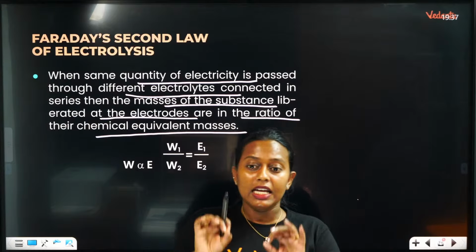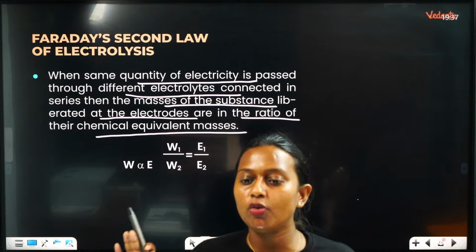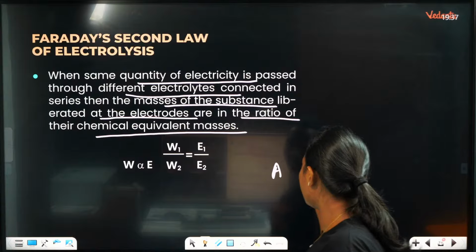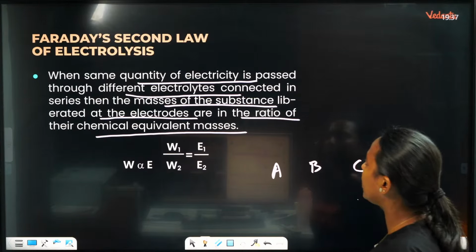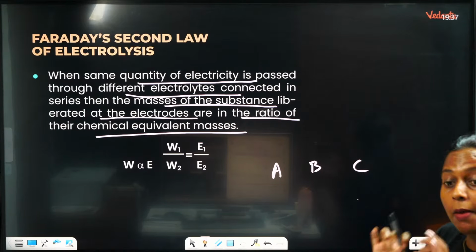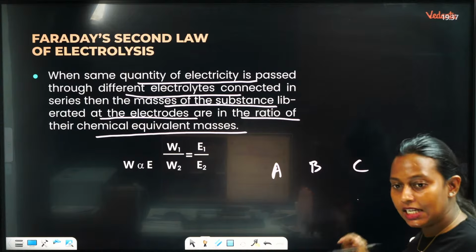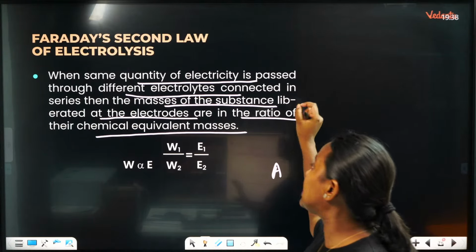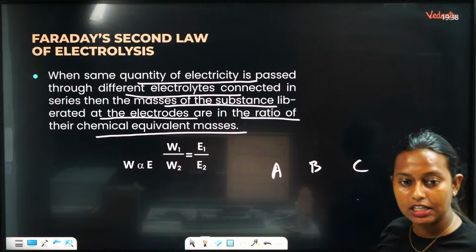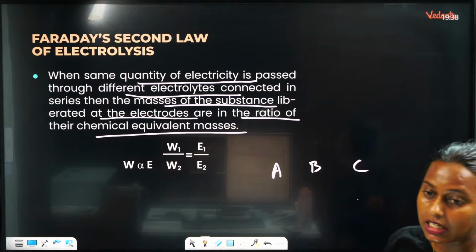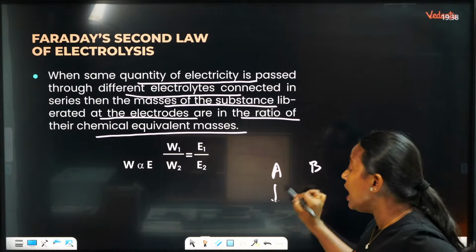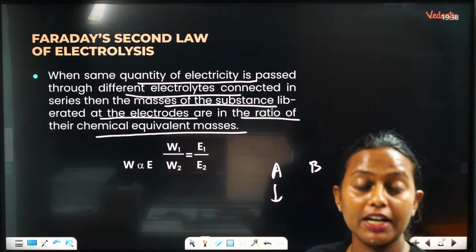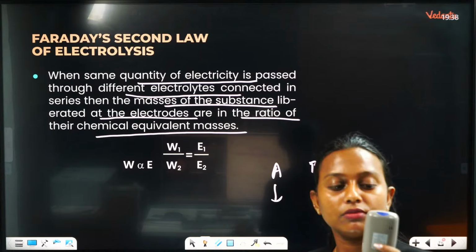So look, here I am applying the same amount of electricity. A, B, C, three electrolytes, connected in series, with the same quantity of electricity applied.